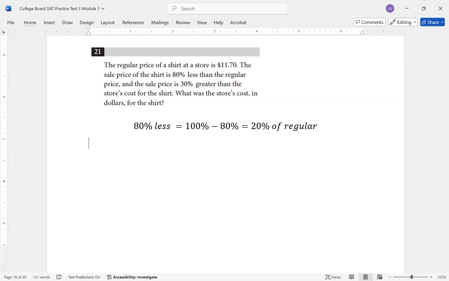So let's calculate that. If the regular price of the shirt is $11.70 and the sale price is 80% less, then the sale price, which I'm going to call S, is going to be 20% of $11.70. So the sale price is equal to $2.34.